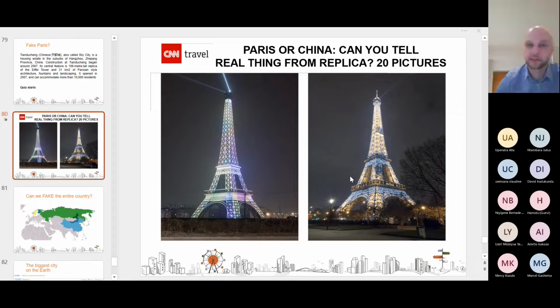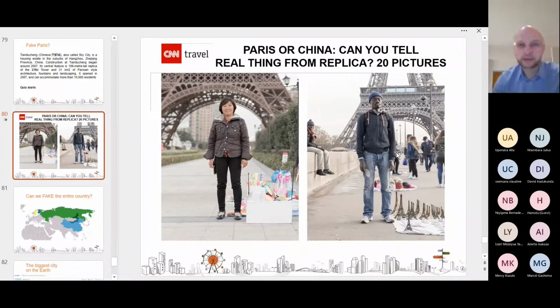We have a very similar infrastructure, very similar buildings and interiors, because Tiantou is a copy of Paris. So I read the messages from you. Right. Yes, Paris is on the right side. You are right. Here, where is Tiantou and where is Paris?